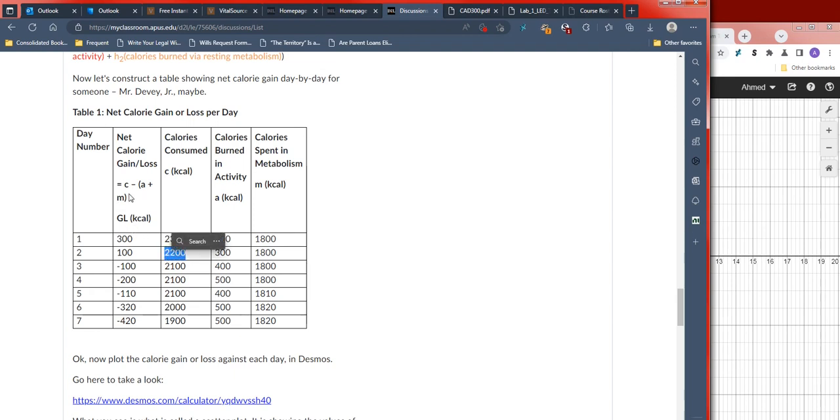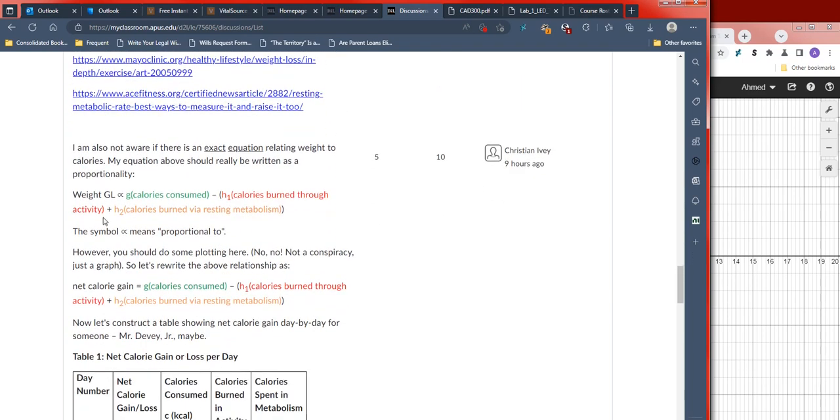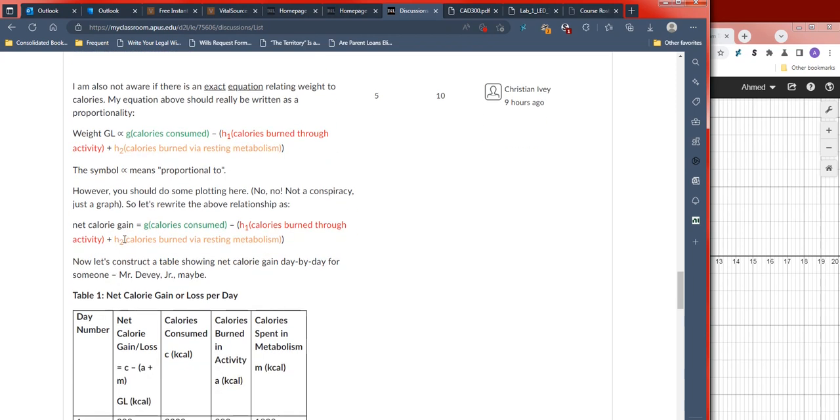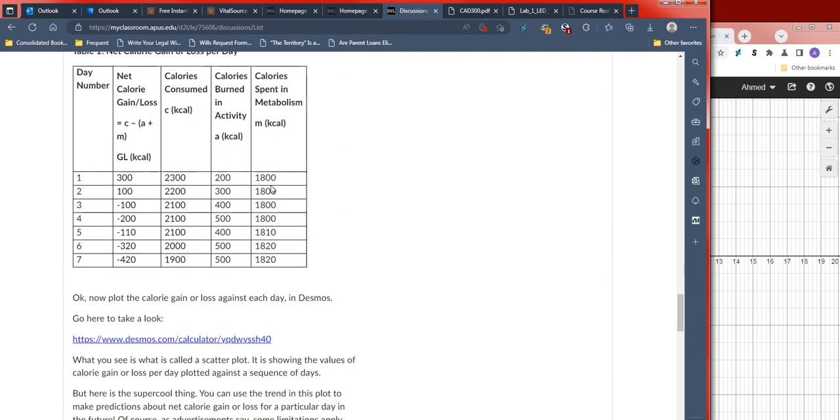So this here is, okay, you sum up all of these terms, remembering the minus sign, right? It's here, net calorie gain: calories consumed, minus calories burned through activity. And then remember this, both these terms are inside the parentheses. So this minus sign multiplies this plus sign to give you a negative sign again. So it's calories consumed, minus calories burned in activity, minus calories burned in metabolism.